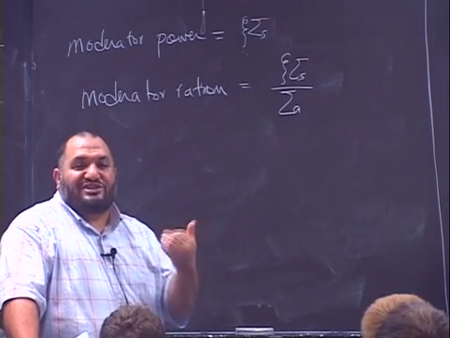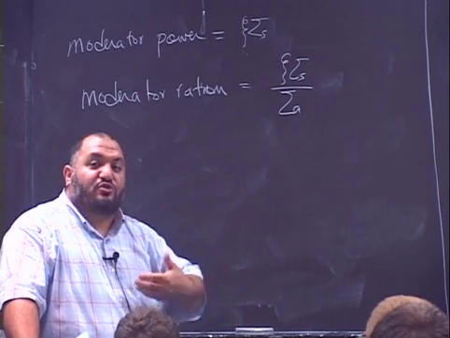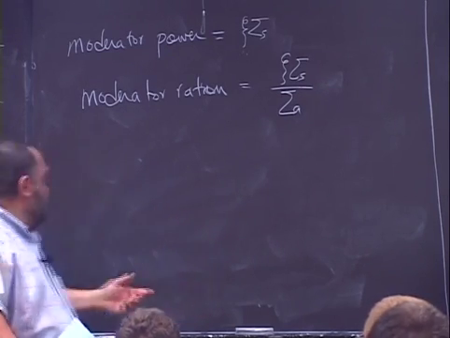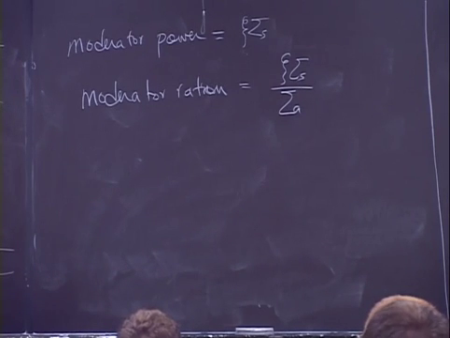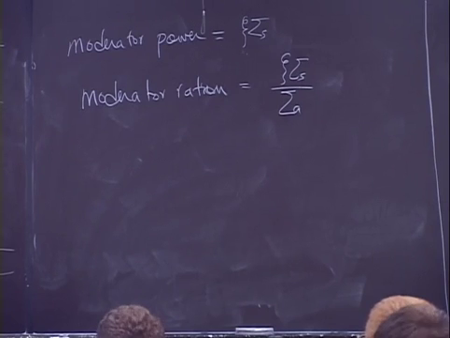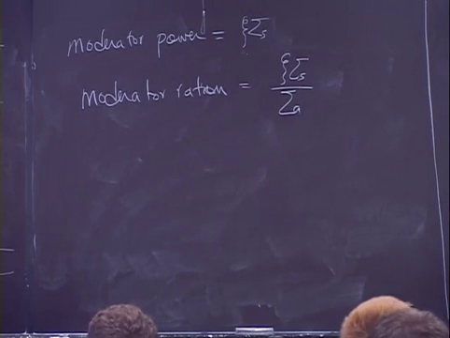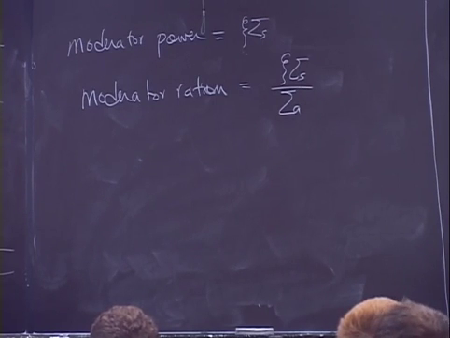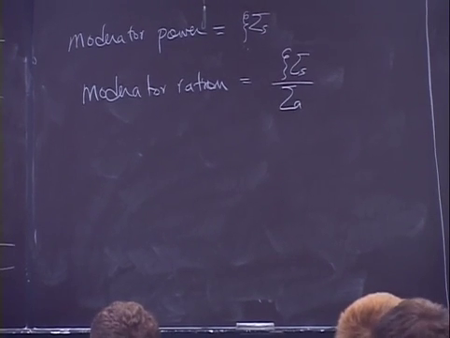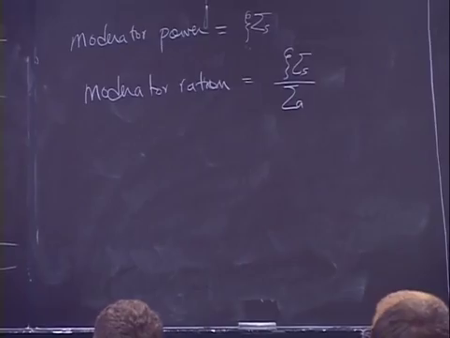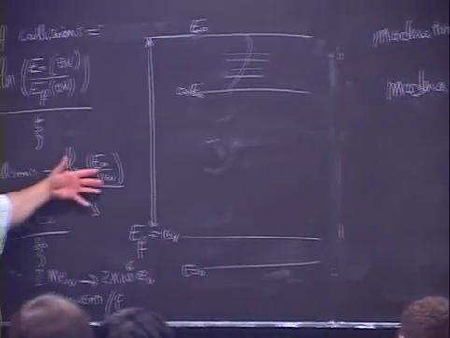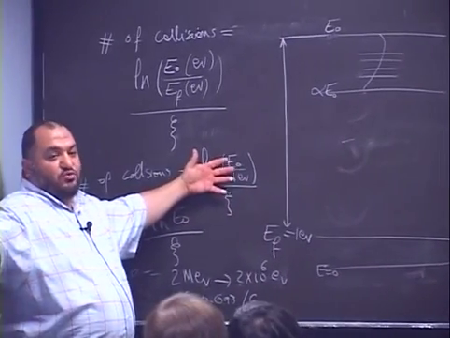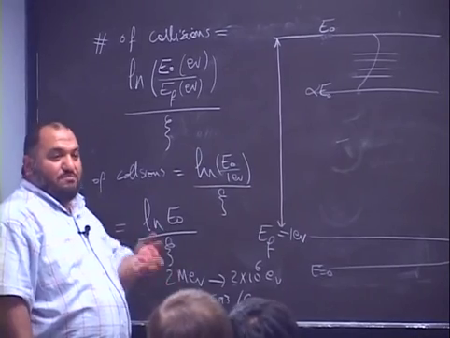So in order to achieve the same, you need more collisions to reach the same energy. So for this reason, you need a higher volume of heavy water to give you the same moderation as the light water. This is why for heavy water reactors, the calandria is huge. You have a huge calandria in order to give you the same number of collisions.